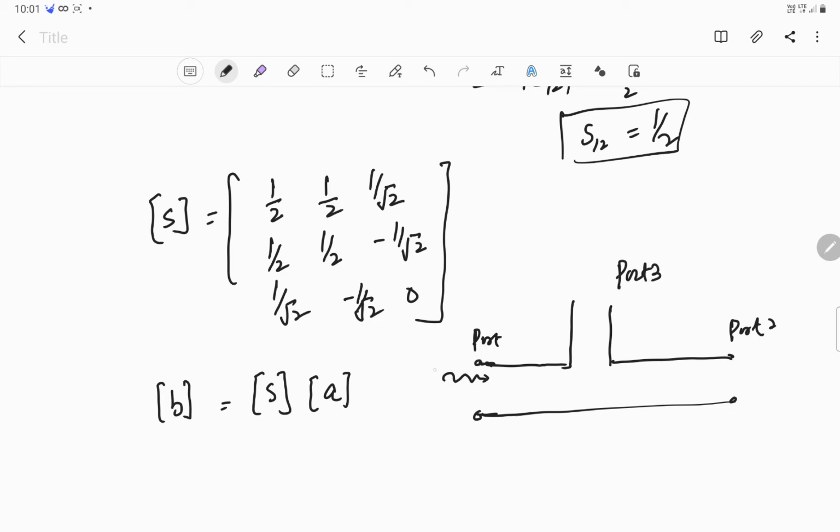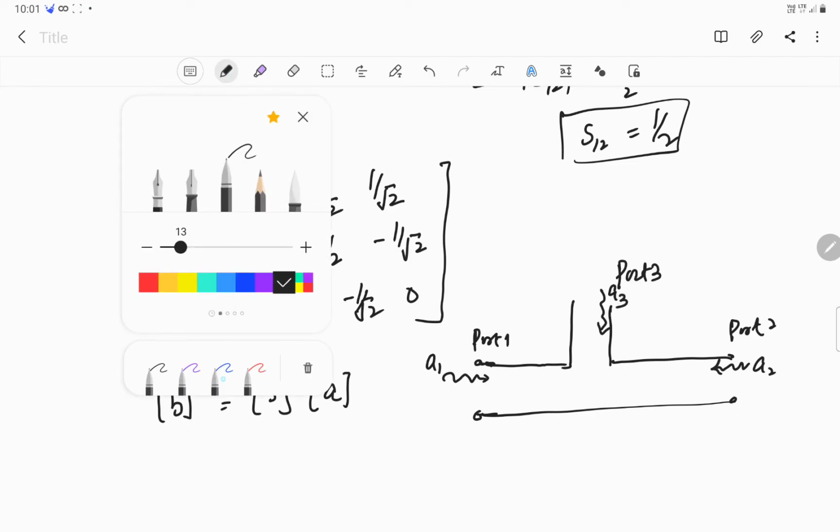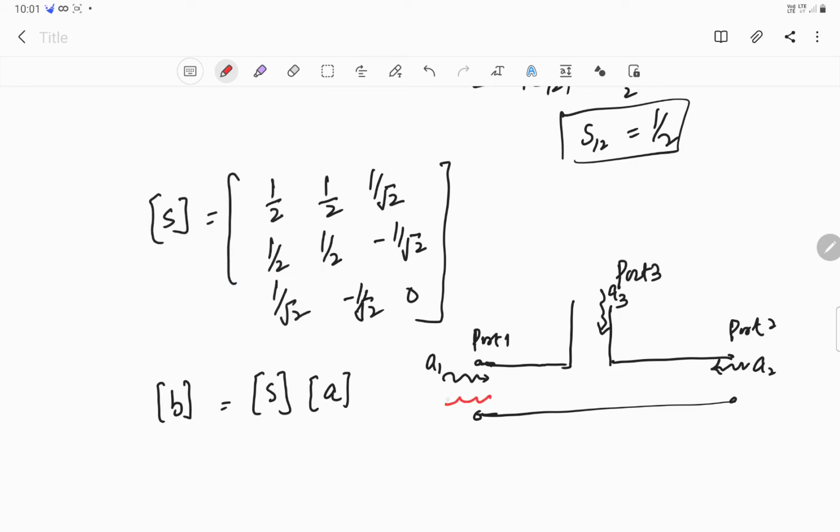Our incident wave at port 1 is A1, the incident wave at port 2 is A2, and the incident wave at port 3 is A3. The reflected waves are B1, B2, B3. This is how the reflected waves, shown in red, are related to the incident waves shown in black here.